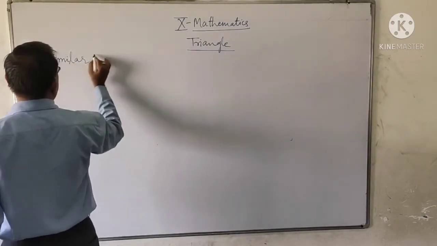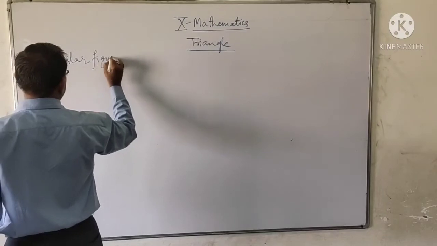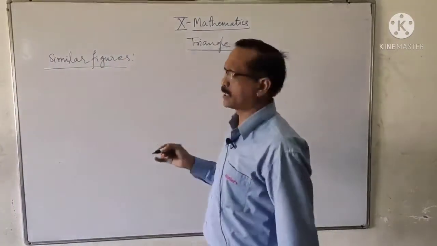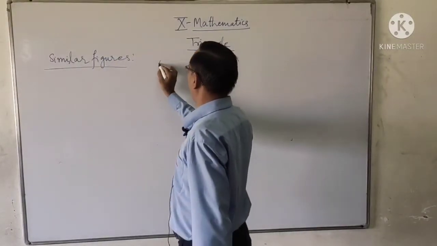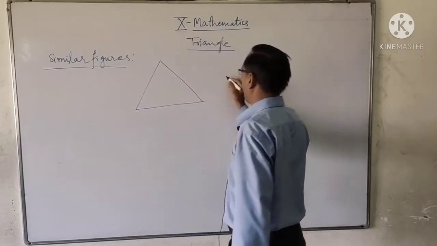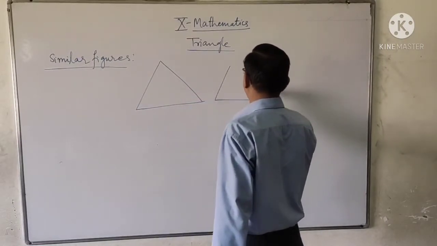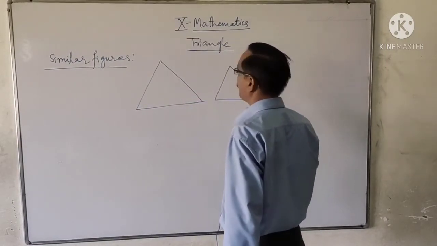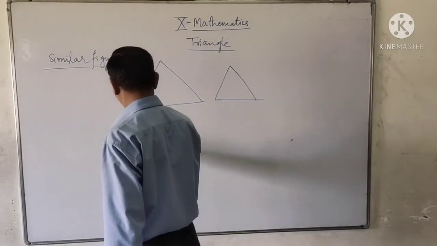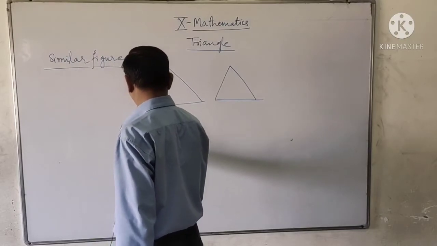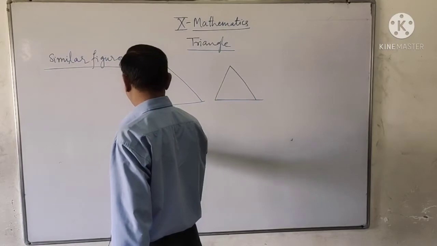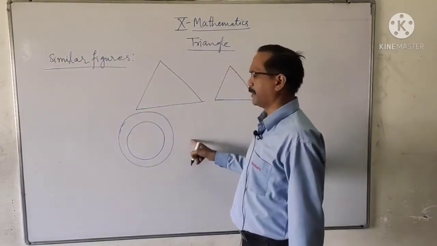Similar figures. Two figures are said to be similar when their appearance is the same. Suppose there are two triangles, their appearance is the same. Or like circles, these circles are said to be similar.